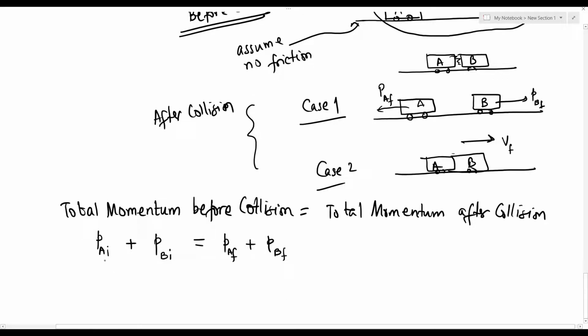So if I want to further simplify this, the formula for momentum is m times v. Here we are dealing with A, so mass of A, velocity of A. Here it's B, mass of B, velocity of B. Also, the left part is before collision, so initial, and the right side is after collision, so final.